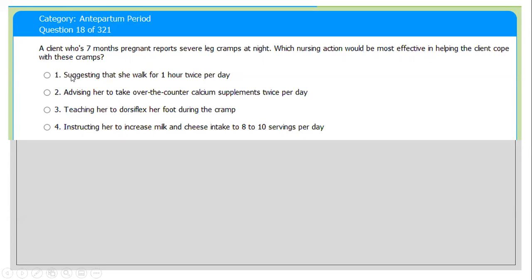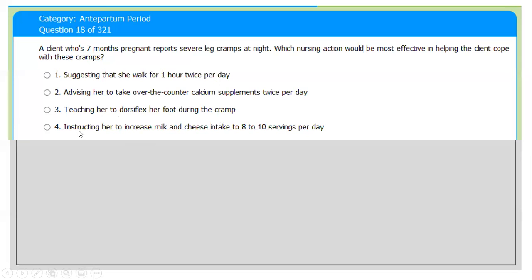Number one, suggesting that she walk for 1 hour twice per week. Two, advising her to take over-the-counter calcium supplements twice per week. Three, teaching her to dorsiflex her foot during the cramp.